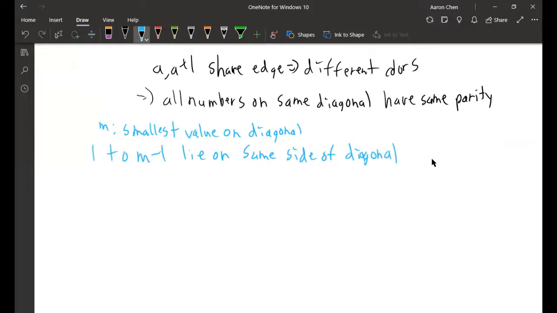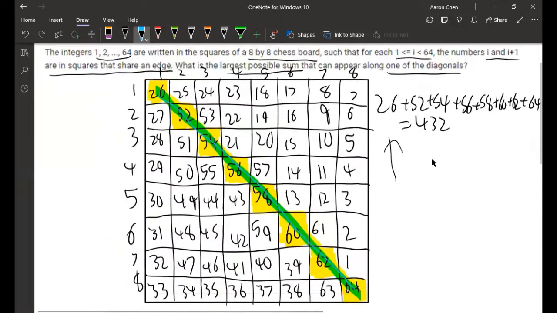Okay. And so what that means is that m must be at most 29. And the reason for this is just because there are exactly 28 numbers on each half of the diagonal. And this is easily counted.